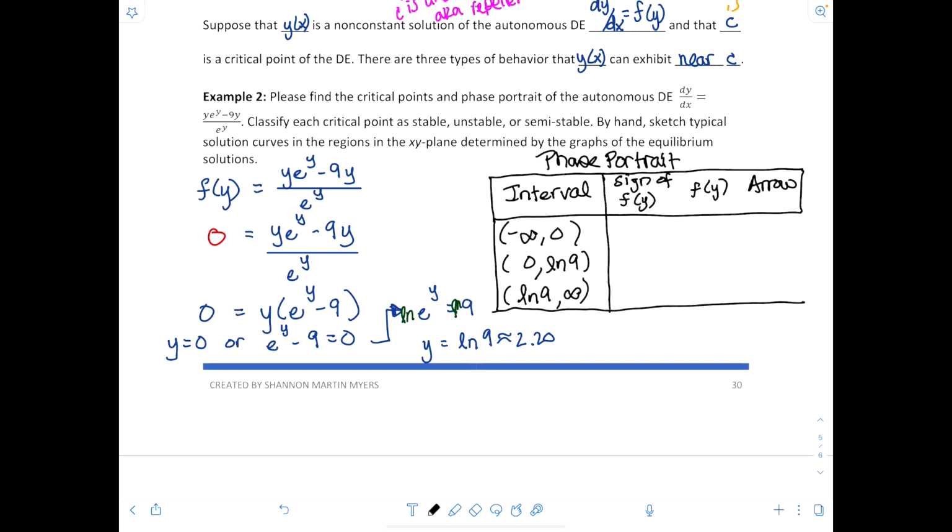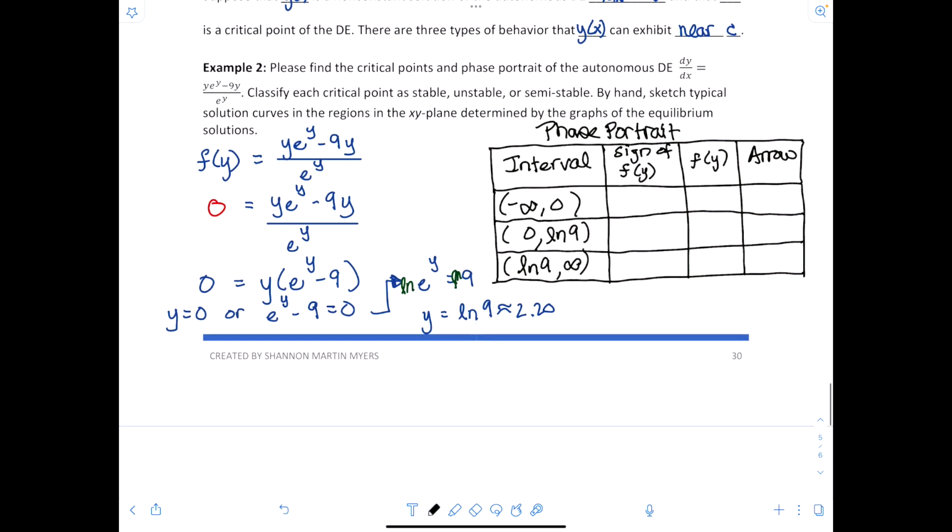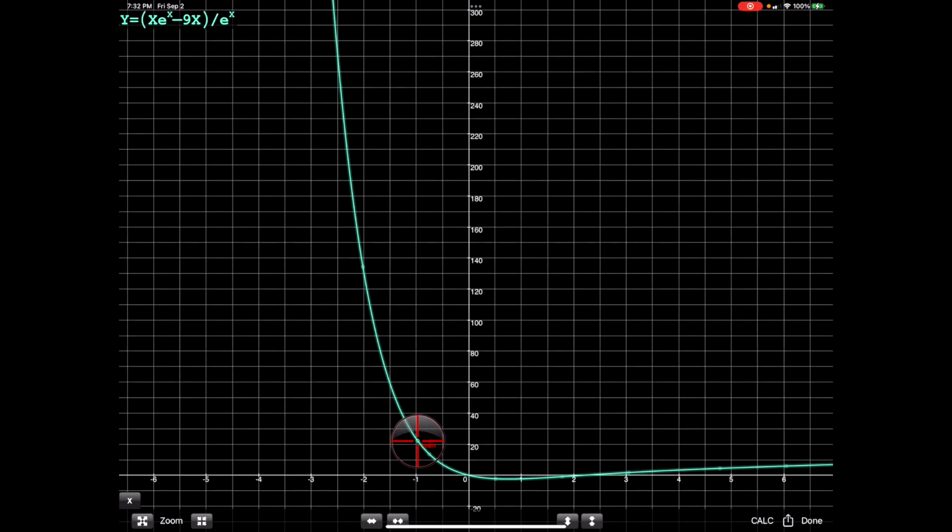And then continuing, the sign of f of y, well, we have to figure that out using a value in the interval that is not the critical number. Because if we use the critical number, we'll just get 0, right? So you can grab a calculator, you can kind of see what happens when you graph.